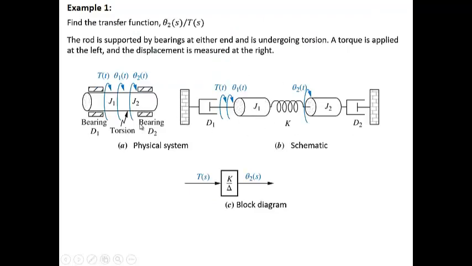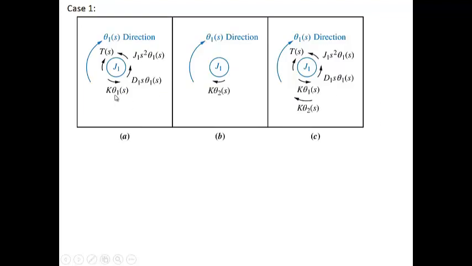So they mention here K theta 1, and this is the rotation of your system. This is how your theta 1 direction moves.